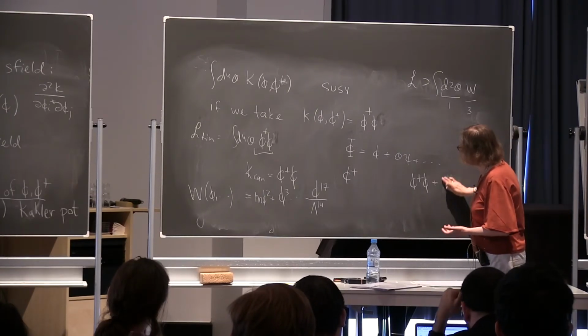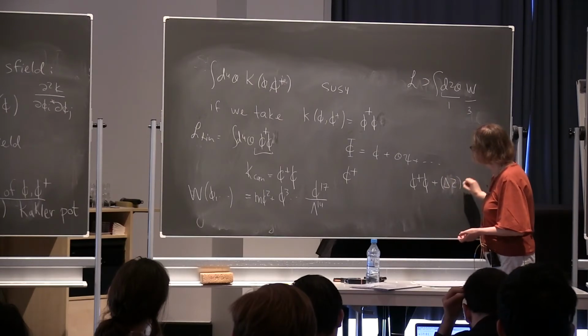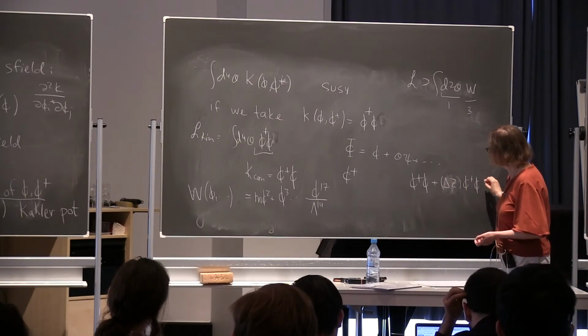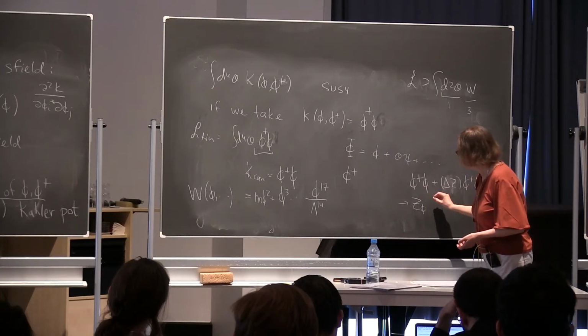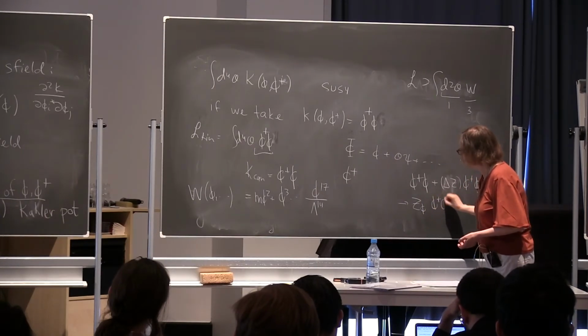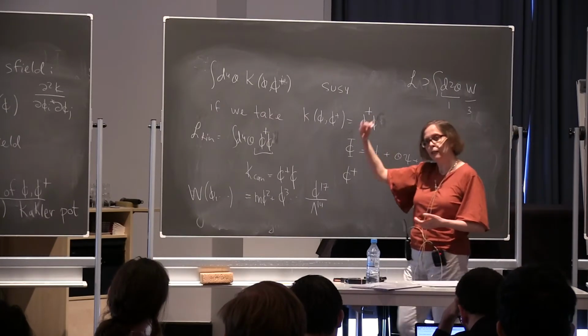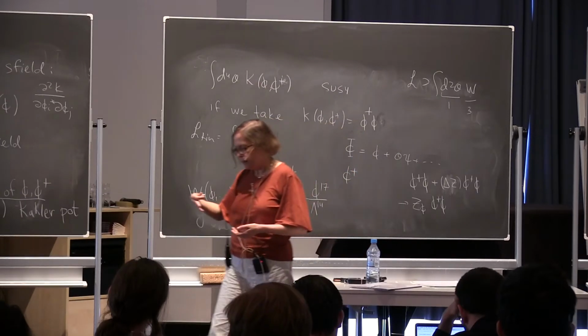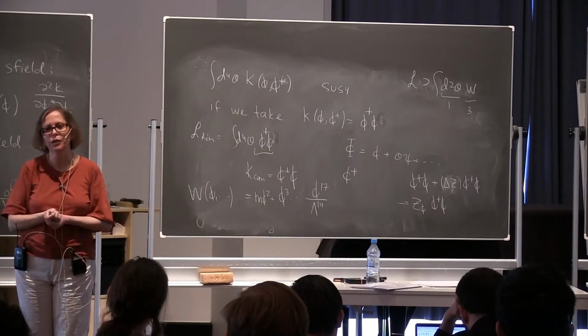So this can receive some delta Z phi dagger phi. Overall, I can write this as Z_phi phi dagger phi, where Z depends on the scale where I'm calculating. It includes all the RGEs, everything that I get after doing the RGEs.